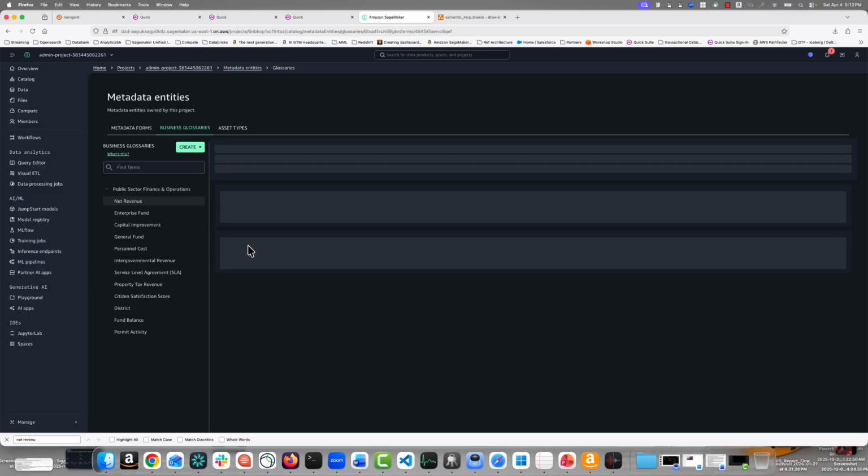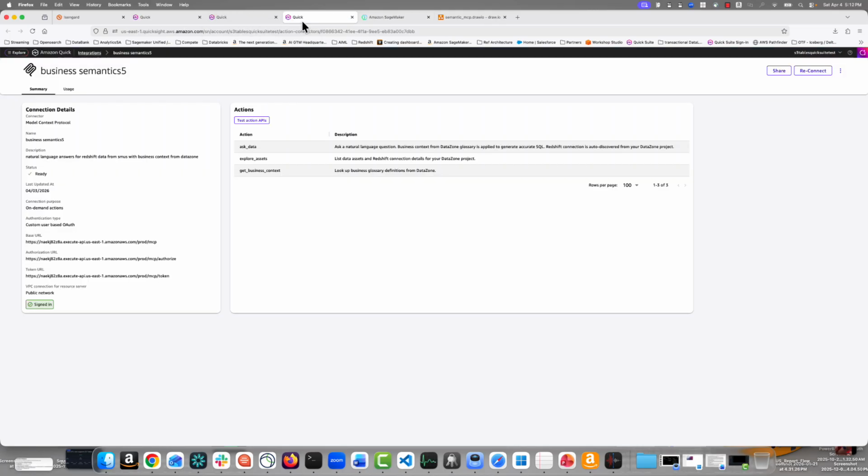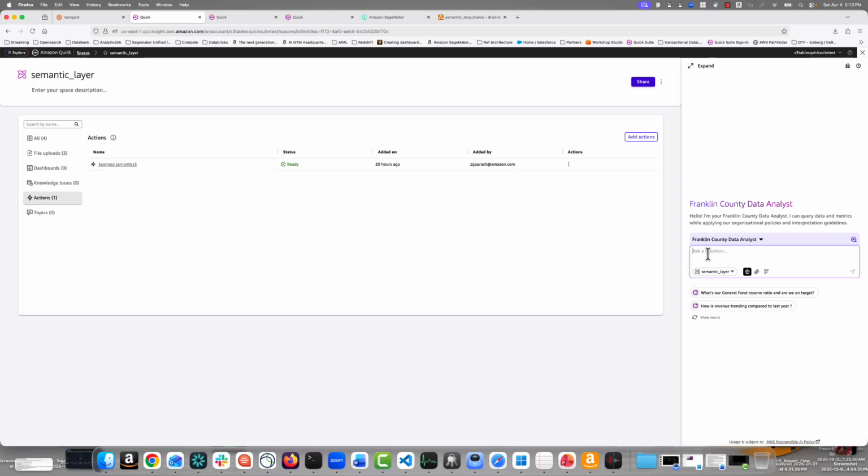So the net revenue definition is calculated as gross revenue collected from all sources, property tax, sales tax, income tax, etc., minus any refunds issued, and intergovernmental transfers are tracked separately and excluded from net revenue calculations. So this is how the context is picked up by the MCP server and sent to Bedrock to get the right SQL query. Now let's go back to the QuickSuite console, and we'll run the query.